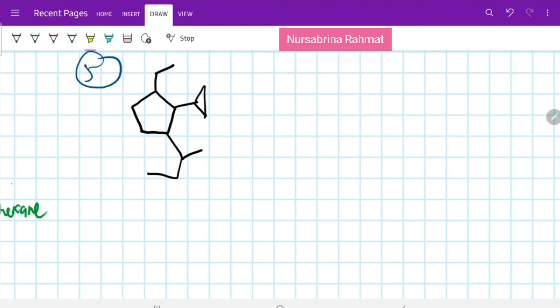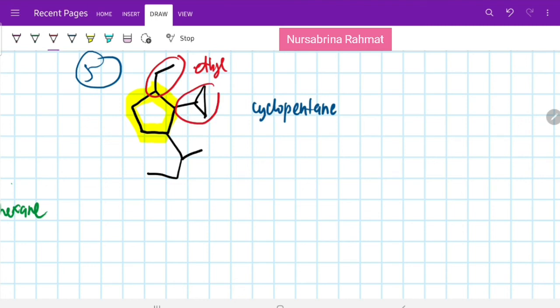So I have another cyclic structure, which is cyclopentane, because it's made up of 5 carbons. So cyclopentane is my parent chain, or my backbone, or my longest carbon chain. There are 3 different substituents here. The first one is ethyl. The second one is a cycloalkane as the substituent, and it has 3 carbons, so this is cyclopropyl.